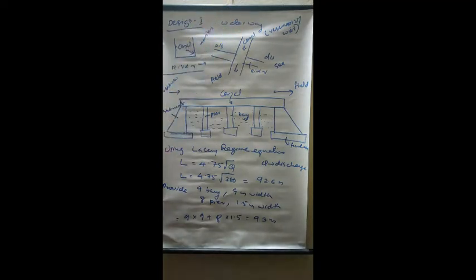As we discussed, the canal is at the top and the river is at the bottom. Here we can see the canal is at the top and the river is at the bottom. The river may be originating from some mountain or hill, so that side will probably be the upstream side.